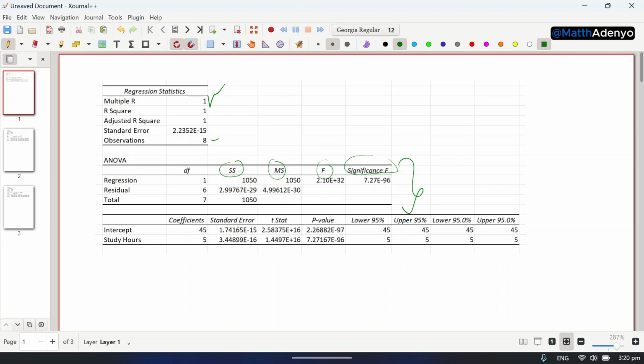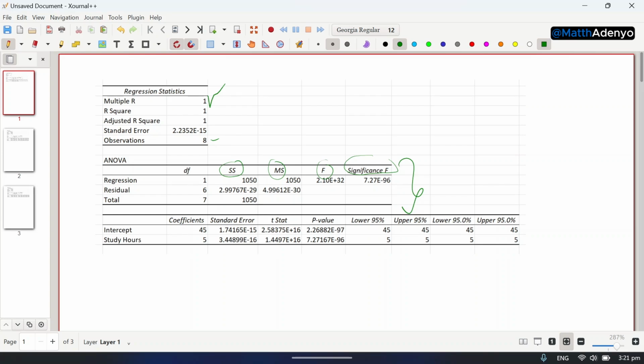This one is also trying to explain the variation in the data or in the model. And you can see that this one is 2 point something e minus 29, which is also a very tiny or negligible value. So there is a negligible unexplained variation because the error is too small. So that error cannot be explained. That one is also telling us that.